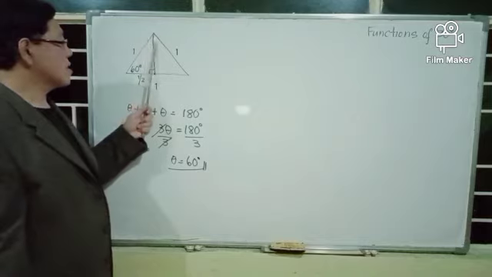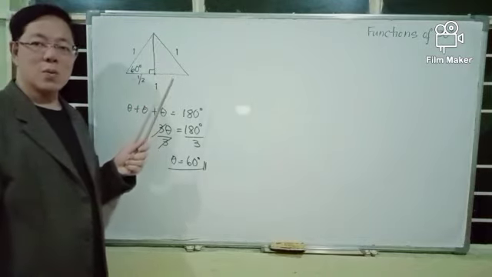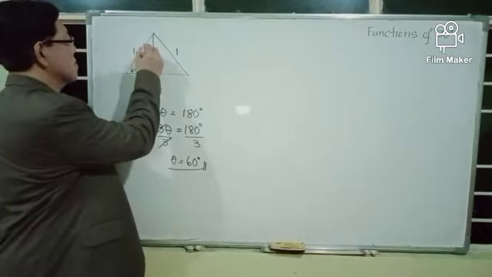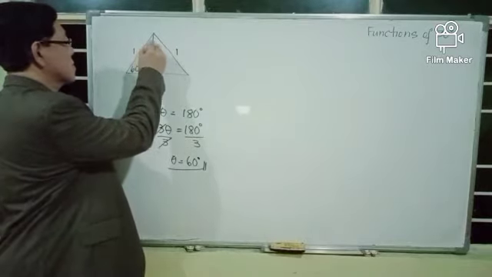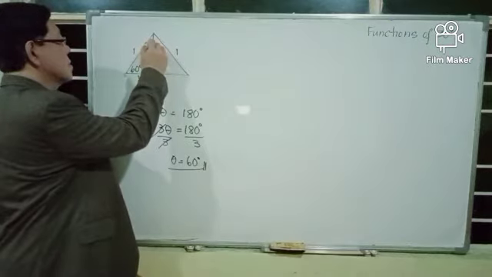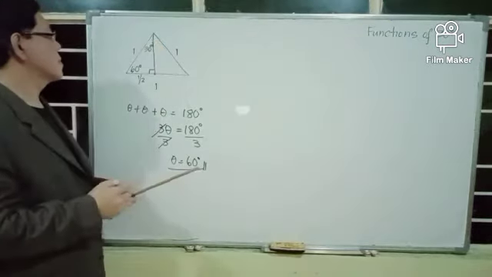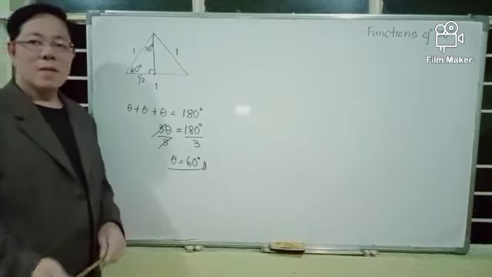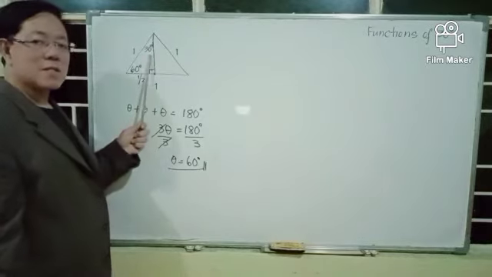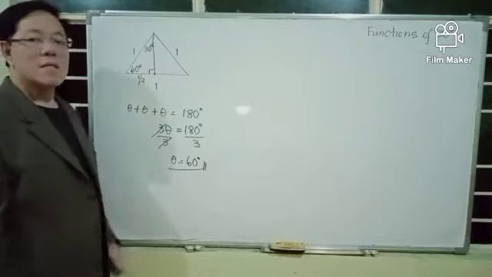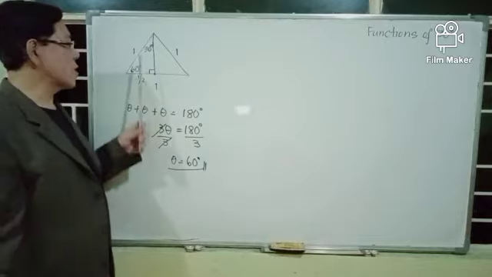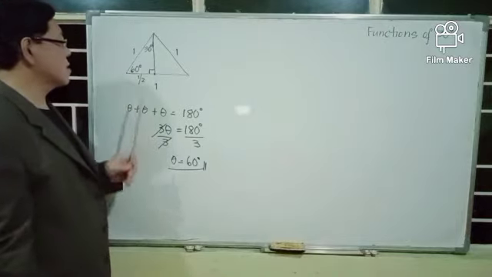This line divides this angle of 60 degrees into 2. 60 divided by 2 is 30 degrees. It is from this right triangle with acute angles 30 degrees and 60 degrees that we will find the values of the trigonometric functions of 30 degrees and 60 degrees.